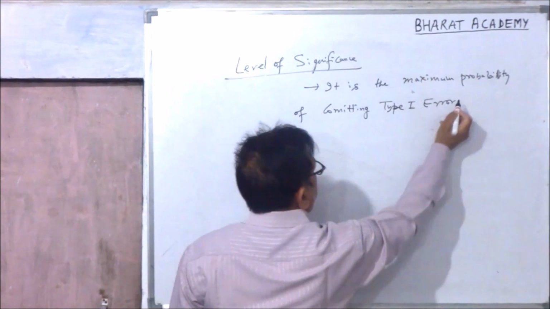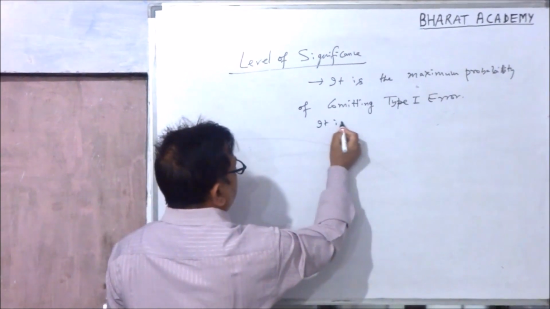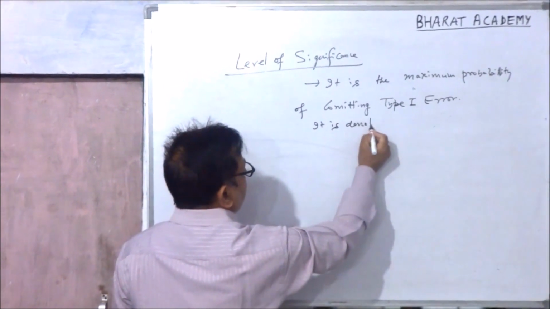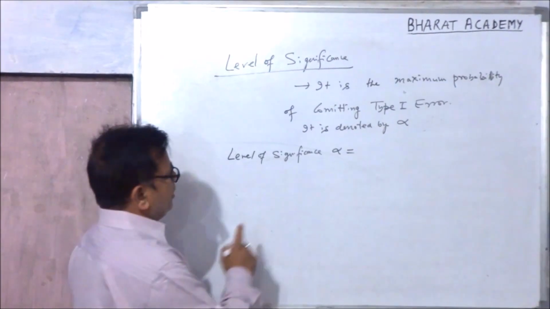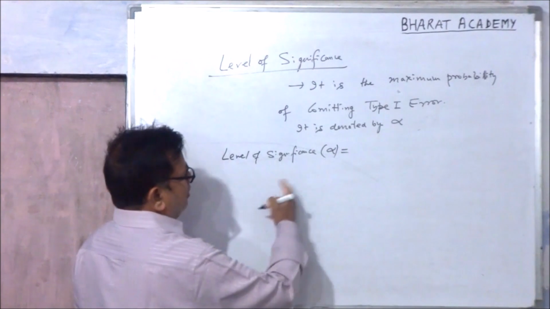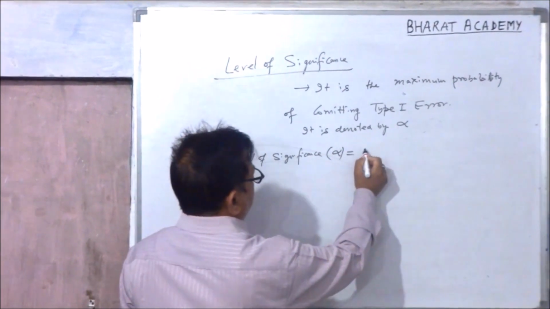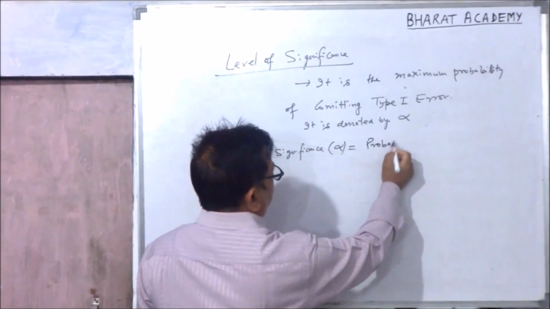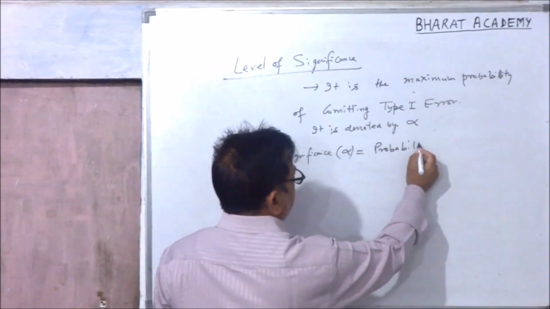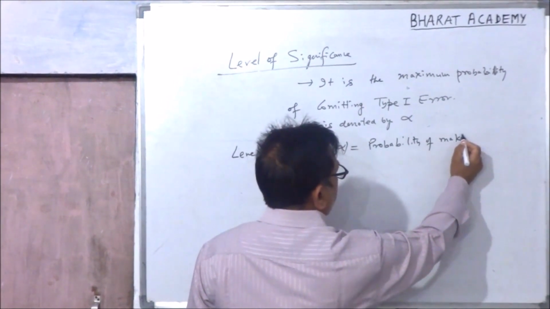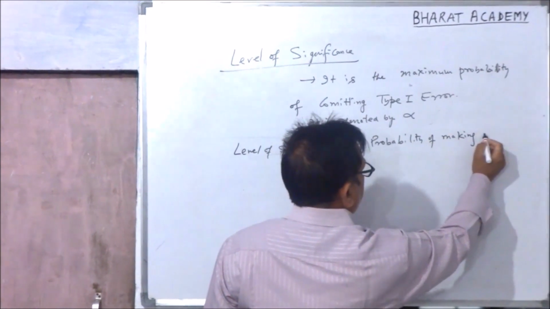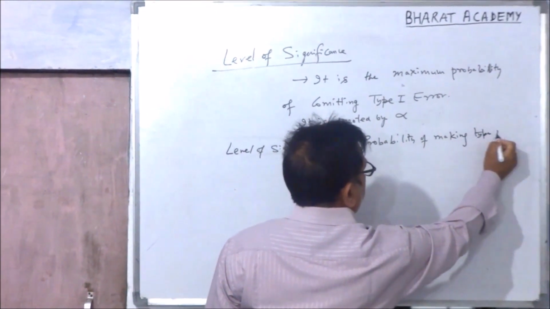It is denoted by a letter alpha. Level of significance alpha means the probability of making type 1 error.